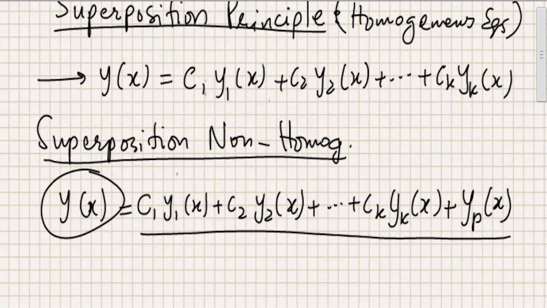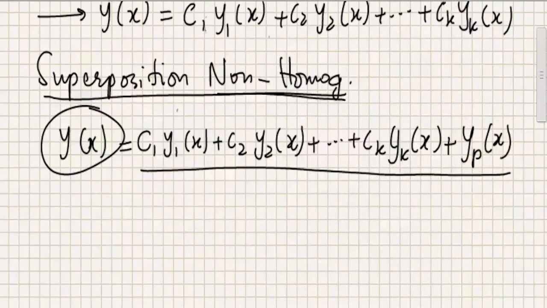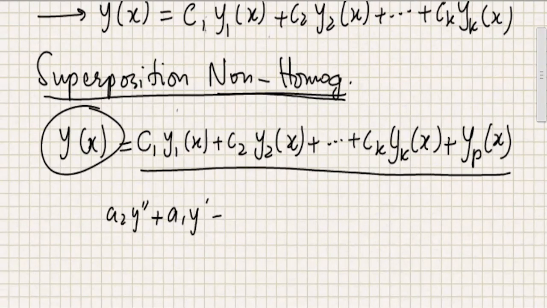And not just that, if you have multiple functions on the right hand side of the non-homogeneous equation, for example, an equation like a2 y double prime plus a1 y prime plus a0 y equal to f1 of x plus f2 of x.